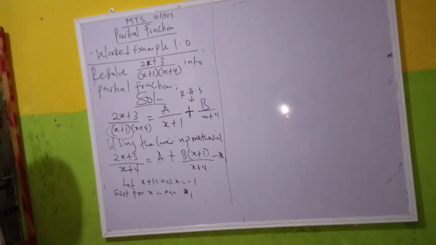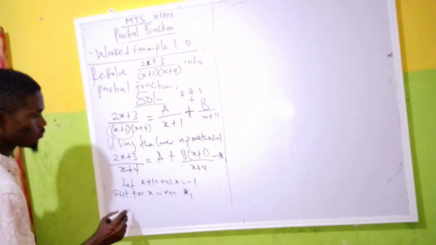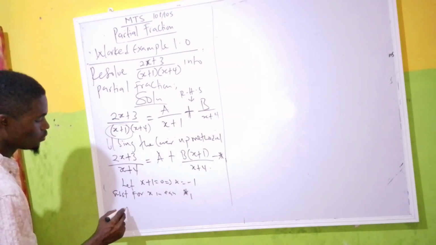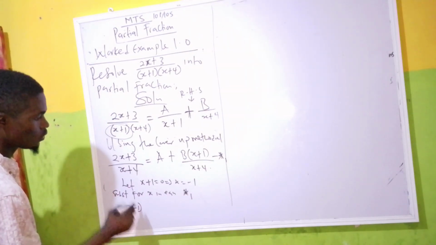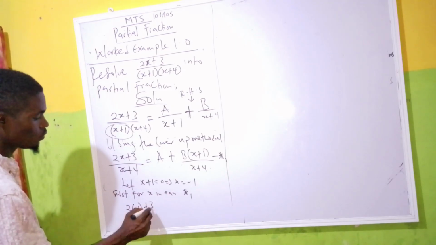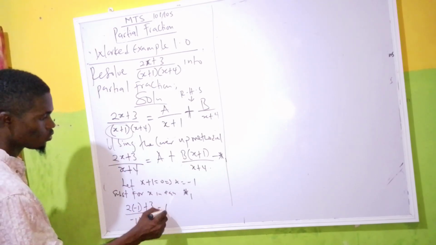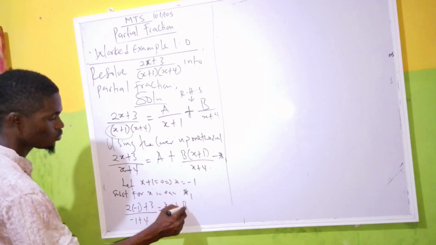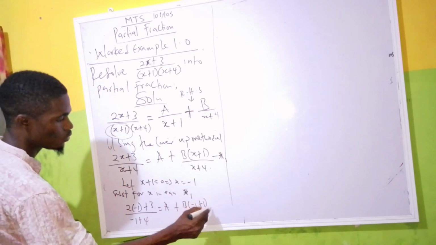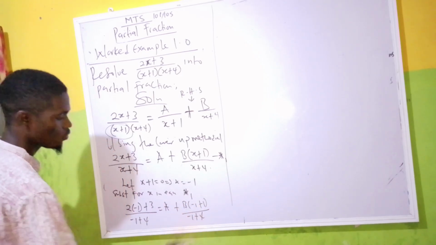Right, so substitute. Doing that, at the end of the day, we'll be having what? 2 into minus 1 plus 3 over minus 1 plus 4 equals to a plus b into minus 1 plus 1 over minus 1 plus 4.